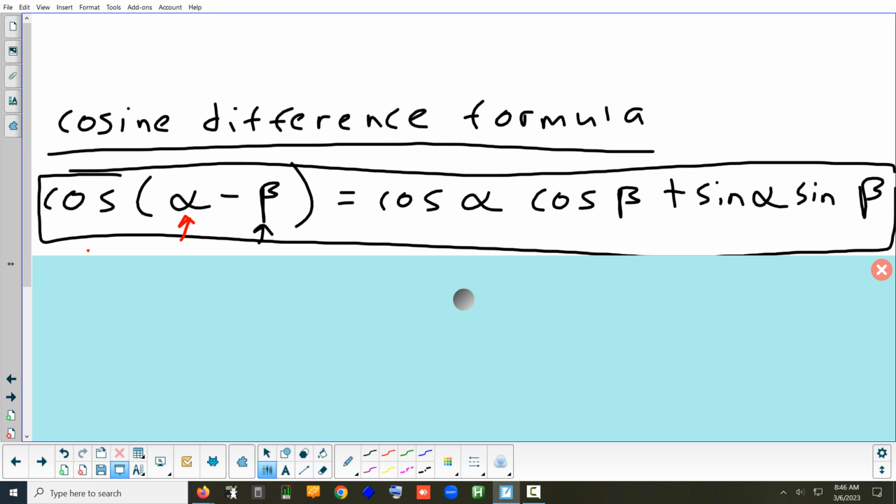When I read this, you're usually going to hear me refer to the one that I circled in red as the first angle. And the one that I circled in black, you'll hear me say the second. So the way I read this is cosine of the first, cosine of the second, plus sine of the first, sine of the second.